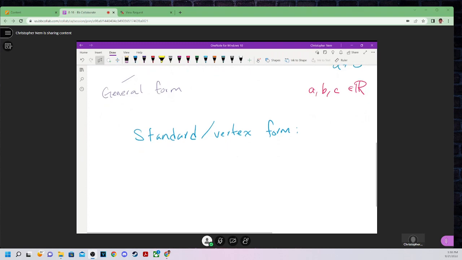Vertex form is a quadratic, so your highest exponent is still 2, but I'm going to rewrite it differently. It's going to be in the form f(x) = a(x minus h) squared plus k. This should look familiar to you. It looks familiar from transformations, and it should also look familiar from completing the square.